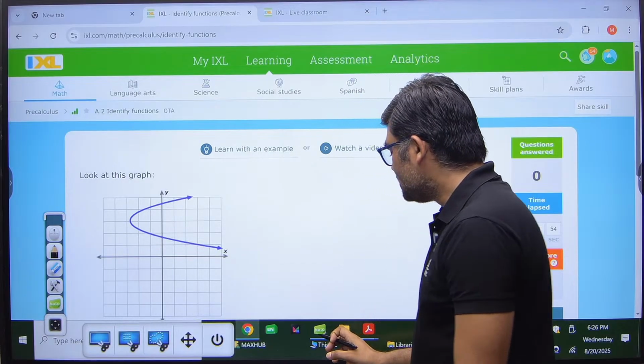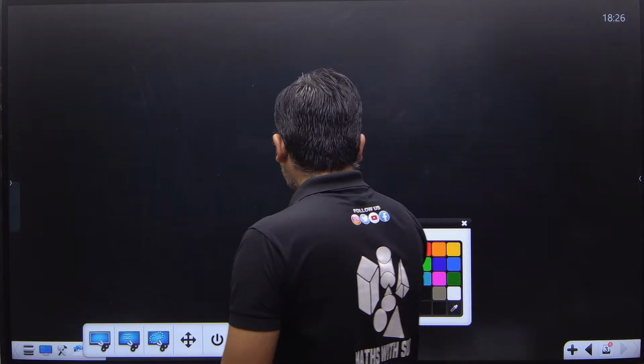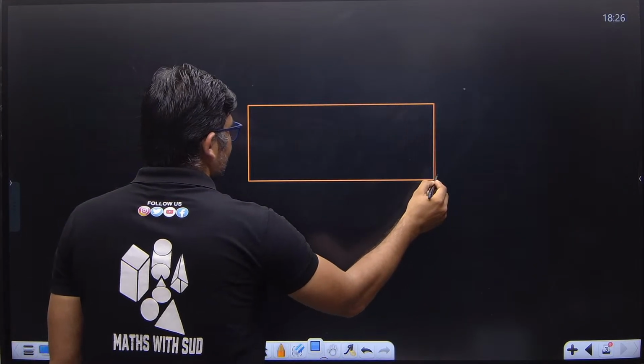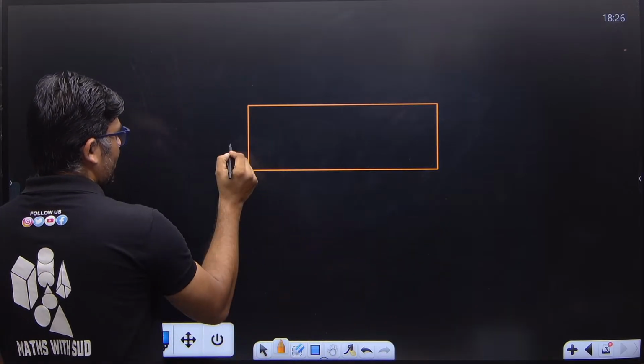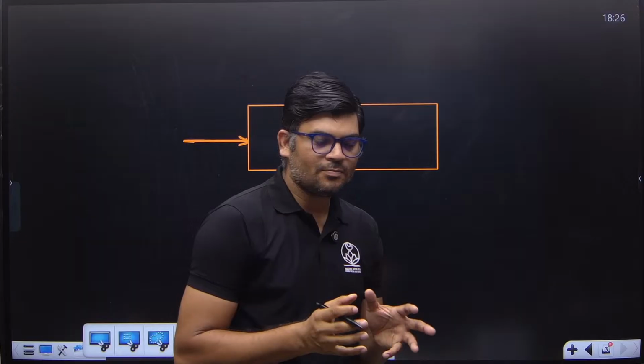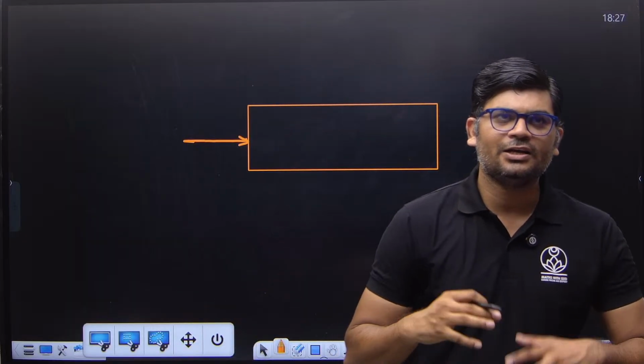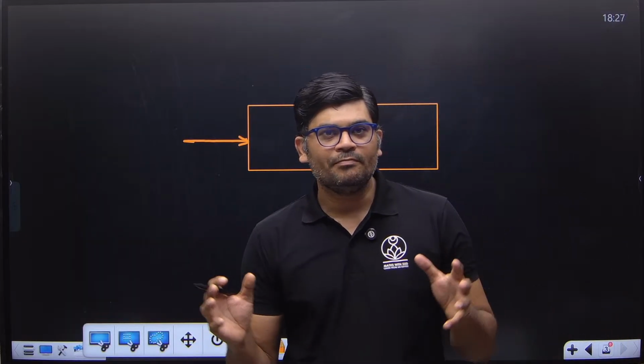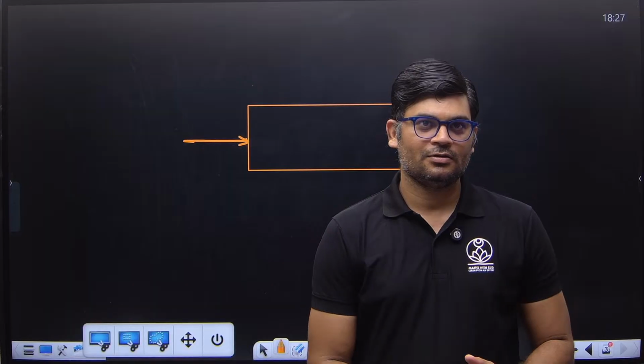Now you have to understand what is a function. Suppose I am giving some input, like you are cutting onions and paneer and mixing them in a certain way.